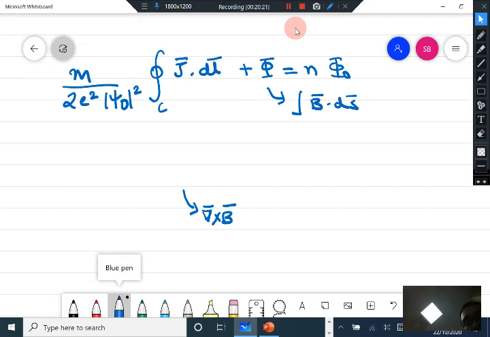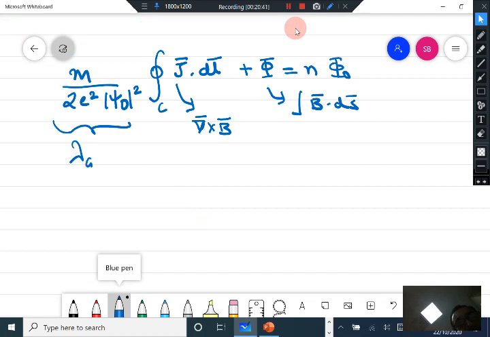Let me write it down clearly. Curl of B, and then this, if you recall, is lambda GL the whole square. Lambda GL the whole square is this expression.